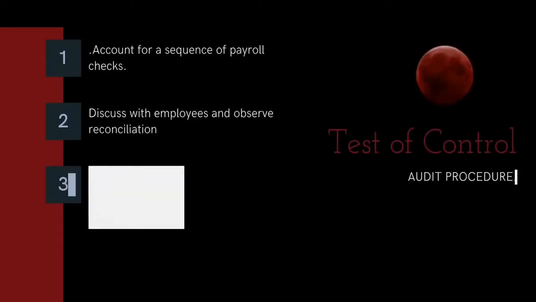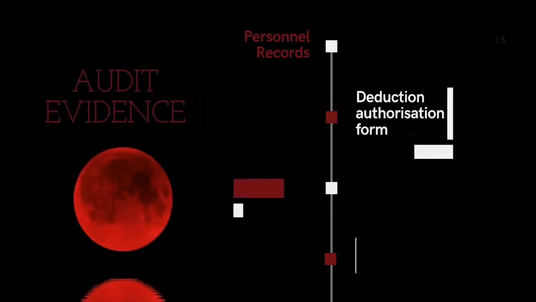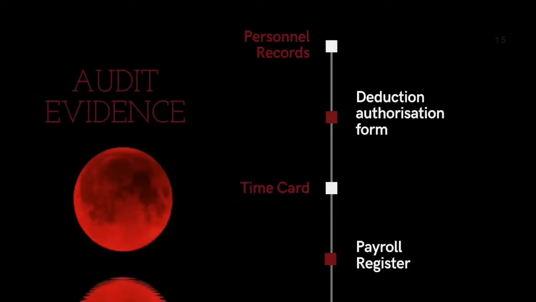The list of controls are the sequence of payroll checks, discussing with employees and also reconciliation, and must be terminated consequence of the time records and reconciliation of payroll summary. And this, and the other evidence from the test of control.